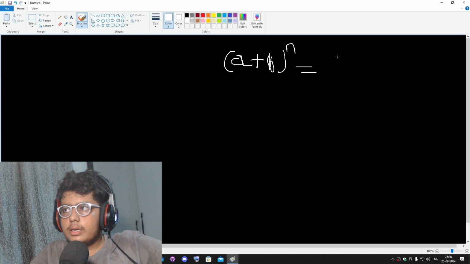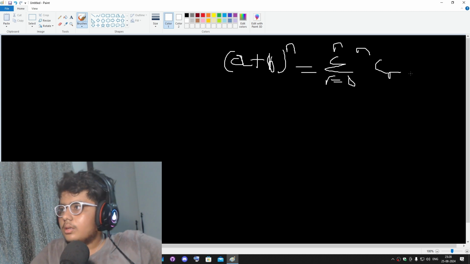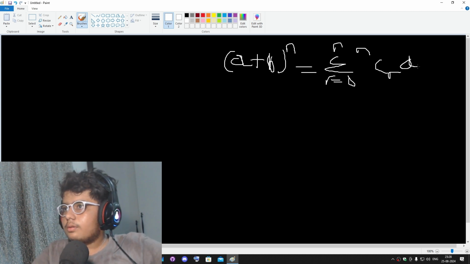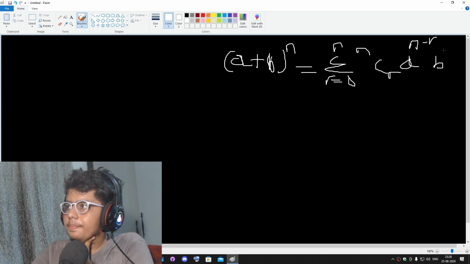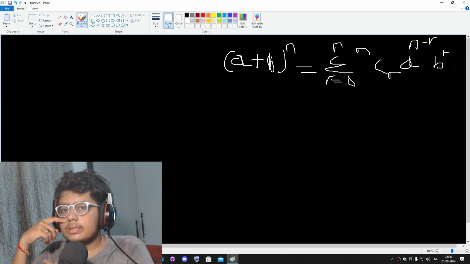If I take any power n, this is the summation of r equal to 0 till n, of nCr into a power n minus r into b power r. This is the formula, and this is the upgraded version of Pascal's triangle.